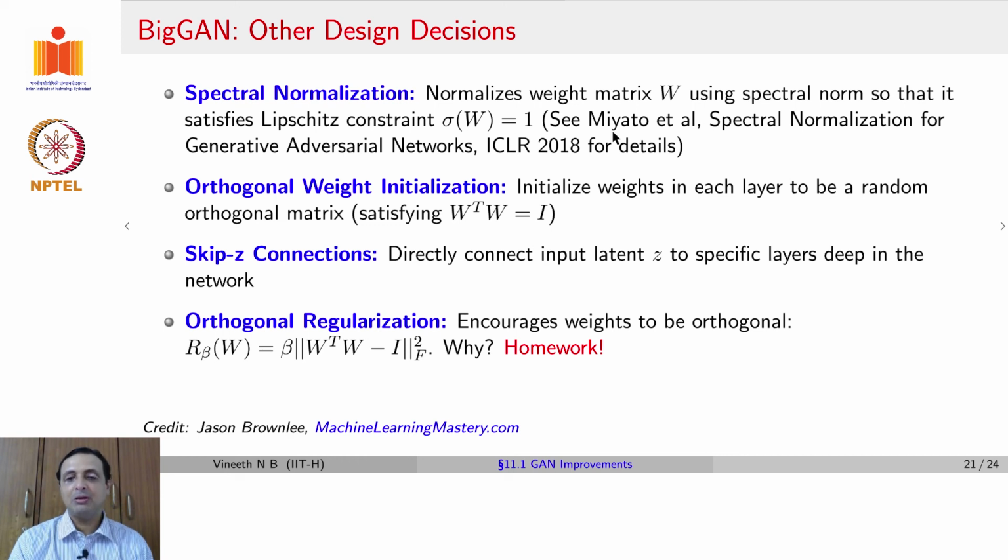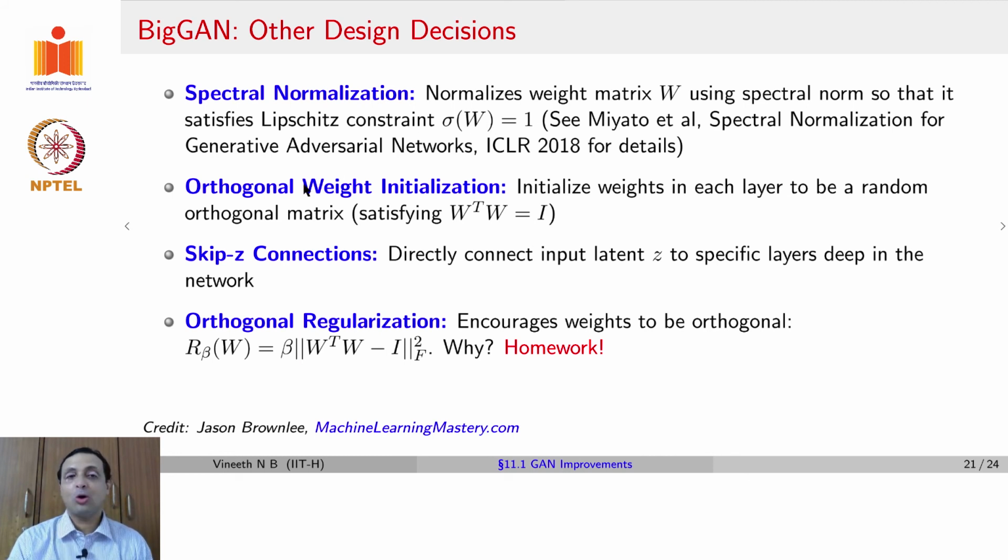You can see the paper called Spectral Normalization for GANs, ICLR 2018 for more details. The broad idea of such a step is similar to batch normalization, to constrain the weights with certain properties that ensure that learning can be better and faster. In this case, we try to constrain the highest singular value of the weight matrix.